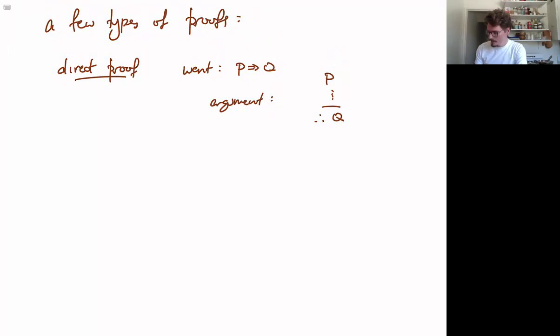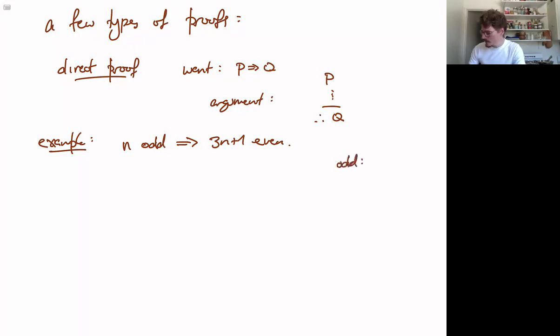So here's an example. Something quite basic, but just to give a taste of a concrete, detailed proof. If n is odd, then 3n plus 1 is even. In order to make precise proofs, we need precise definitions. So just to fix ideas, odd means there exists k.